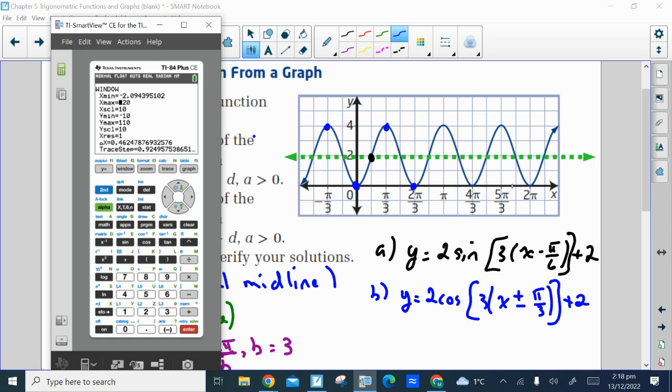This is 5 pi on 3. Another one would be 6 pi on 3, which is 2 pi. Another one would be 7 pi on 3. And when you hit enter, your calculator does convert that into a decimal. That's fine. My scale here is pi on 6. And for y, I'll go from negative 2 up to positive 5 and a scale of 1.